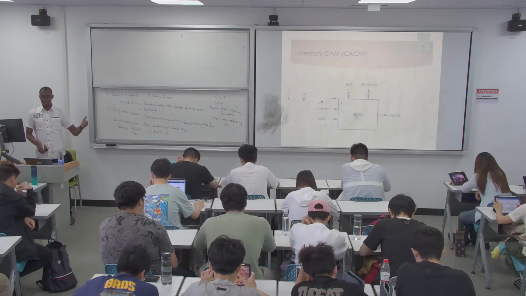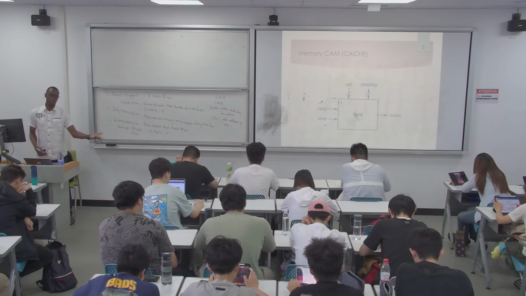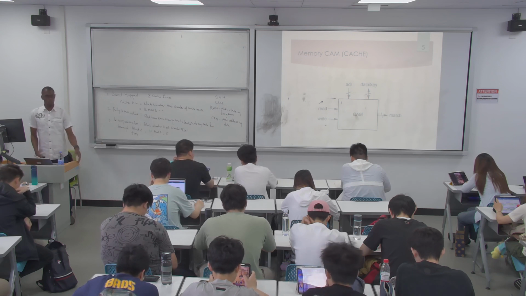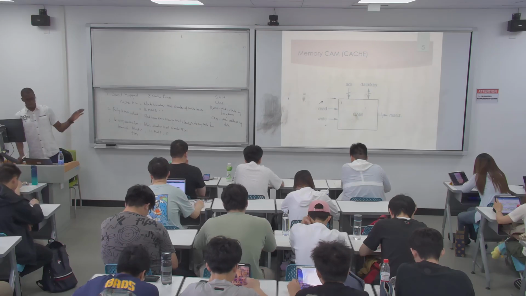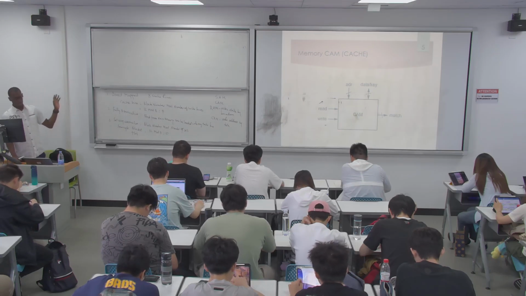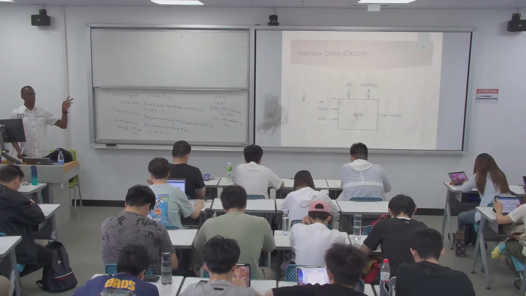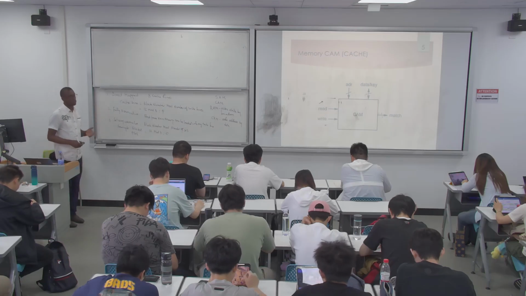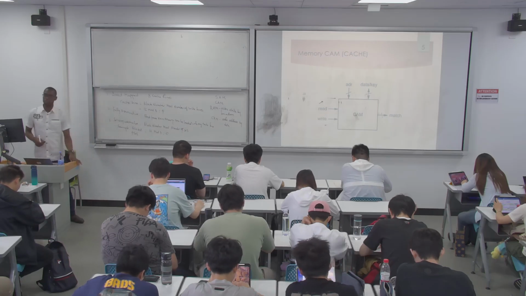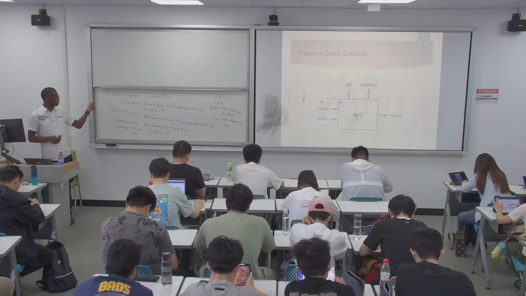For example, it says, okay, give me the entry at memory location 5. For the content addressable memory, the system asks for address by content. That means here is a value, here is a key. I want the system to return the address of the value. So that is the main difference between the content addressable memory and the RAM.